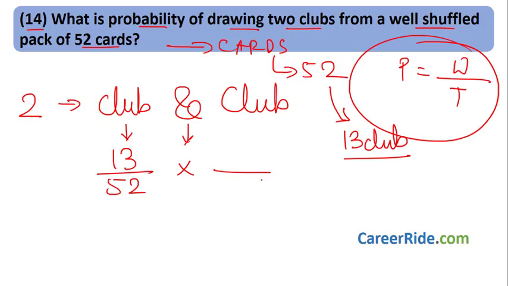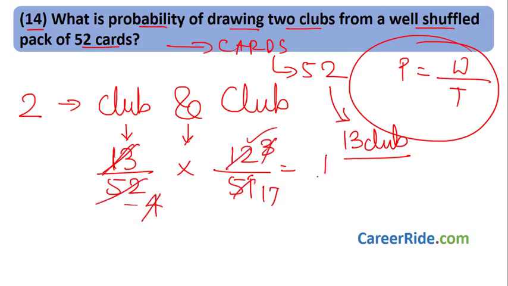Already one club card has gone, so while picking the second, total possibilities are 13 minus 1, 12, and already one card is in my hand, so of 52 cards one has gone. How many remain? 51. So the probability is 13 by 52 into 12 by 51. 13 4s are 52, 3 17s are 51, so 1 by 17 is the probability of choosing 2 clubs from a well shuffled pack of 52 cards.